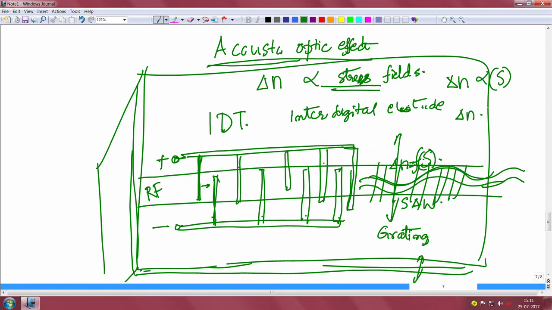Delta n is a periodic function of S. Delta n of z, let us call it. So, there are many applications.